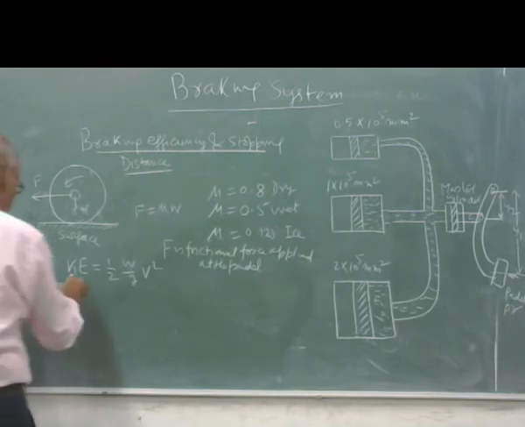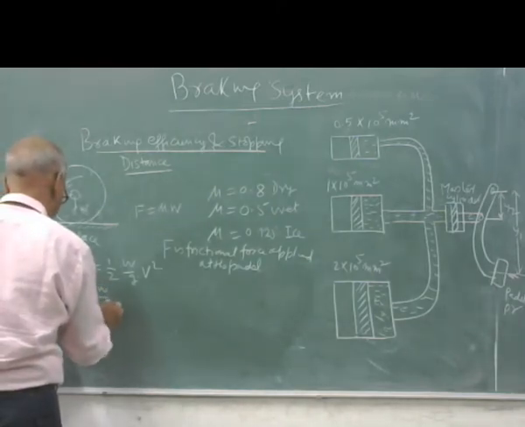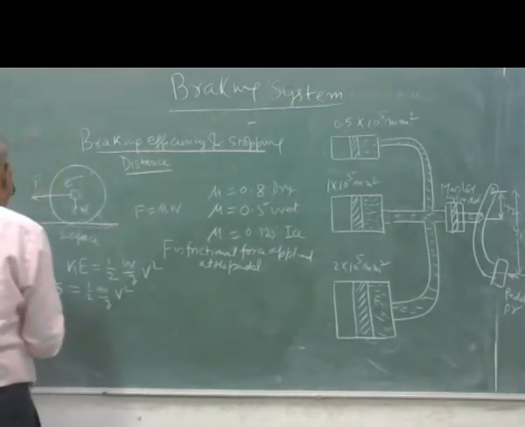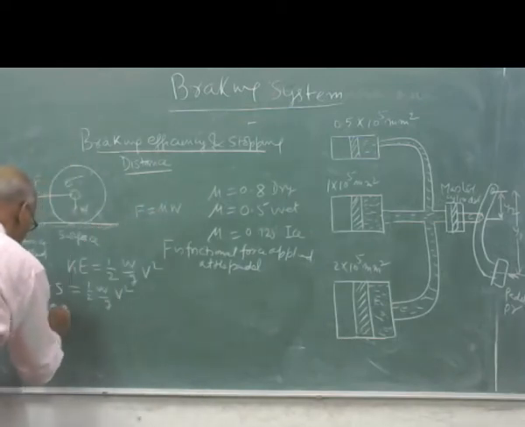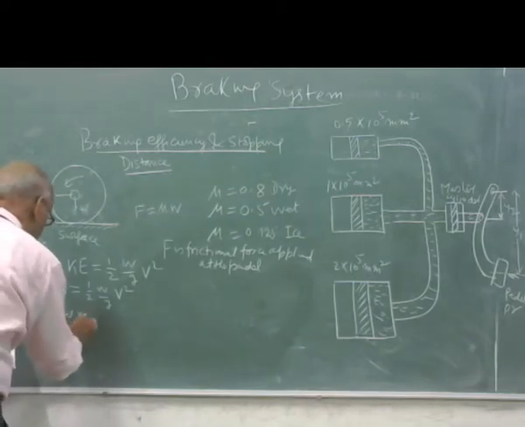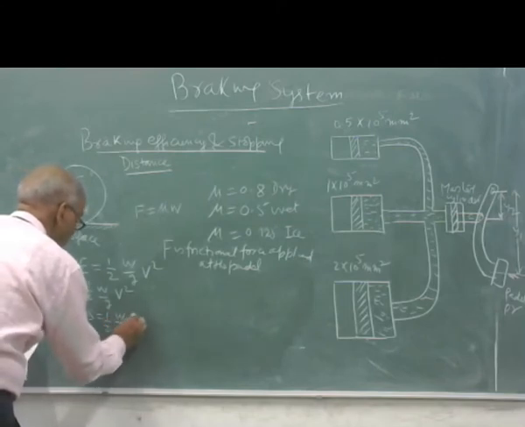So this is going to be half W by G V square, or F is given as mu W, so mu into W into S is equal to half W by G V square.